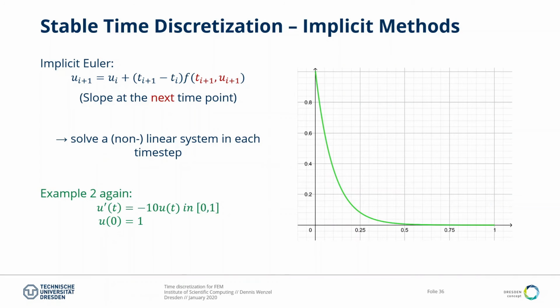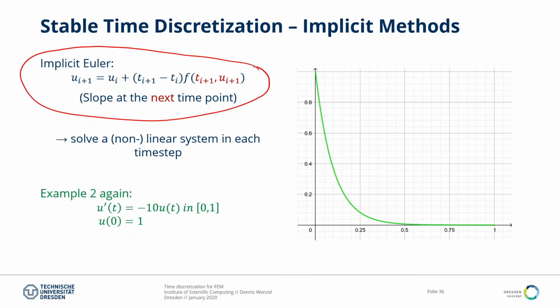And for this, an example is the implicit Euler scheme. So if you look at this scheme here, it's almost exactly the same as before. But now, in contrast to evaluating f, that gives you the derivative, instead of evaluating this at ti and ui, we are now evaluating at ti plus 1 and ui plus 1.